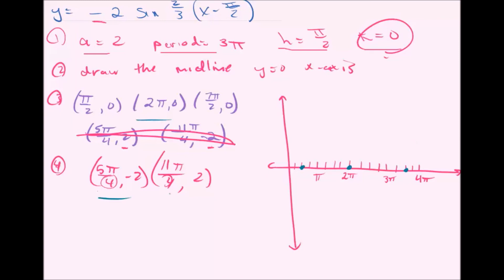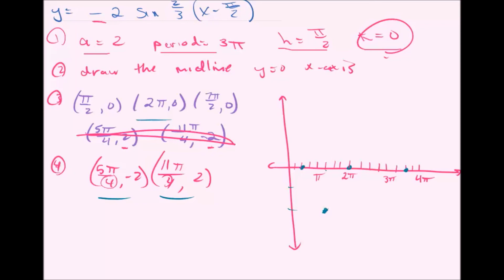Okay, now we need our minimum and our maximum. So it says 5 pi over 4, which is going to be here, which makes sense because it's halfway between the intercepts. And if this is pi or 4 pi over 4, this is 5 pi over 4. It's 1/4 more than this dash. So 5 pi over 4 and go down to negative 2. We just get to make that up. We'll just put it there.